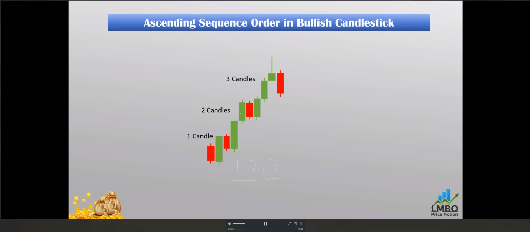And when it increases, it creates a high. When it increases again, it creates another high, then another high, then again another high. So this is called the momentum of the buyer, or we can say the buyers are in momentum.